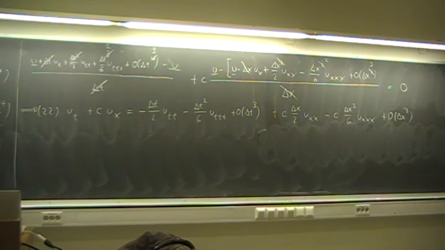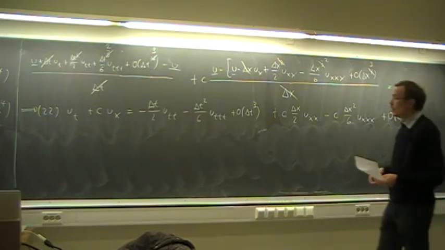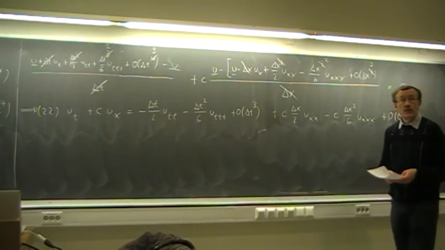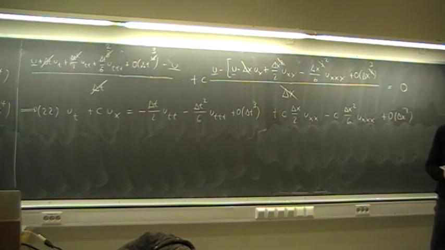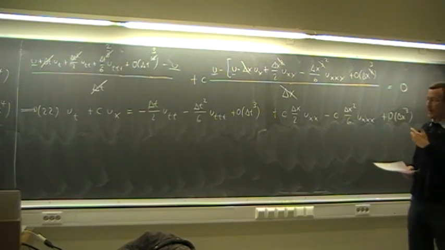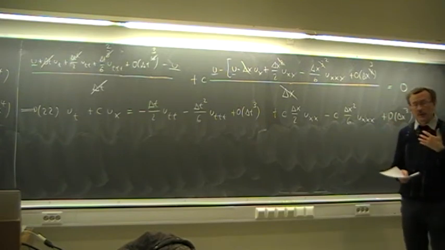And now to see even more, we try to eliminate the time derivatives, to replace them by the corresponding space derivatives. Because then we have, say, our PDE on the left, and on the right hand side we see the dependence on space rather than time.